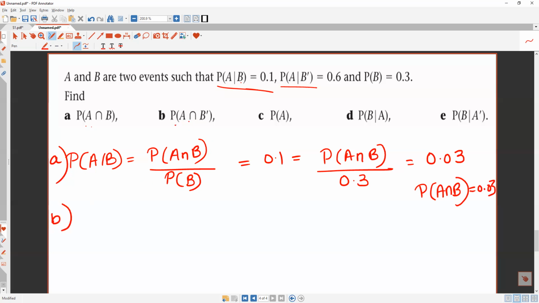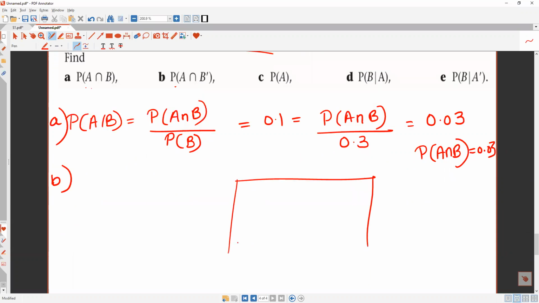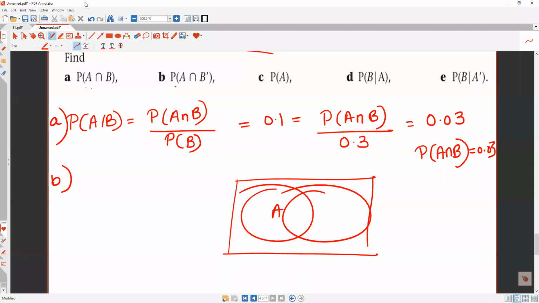Now let's go to the B part. P(A intersection B complement). Now what does that mean? Acha, do I know how much A is, by the way? I don't know how much A is. They just told me to find this. Okay, let's see if I can draw a Venn diagram. I have an A and I have a B. ঠিক আছে?